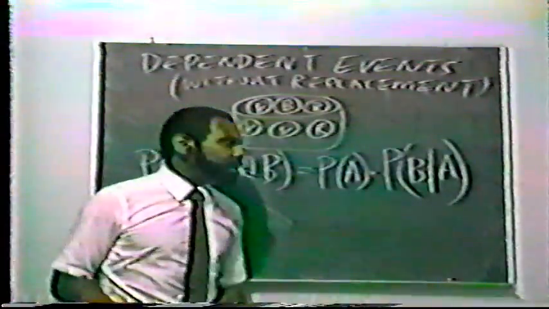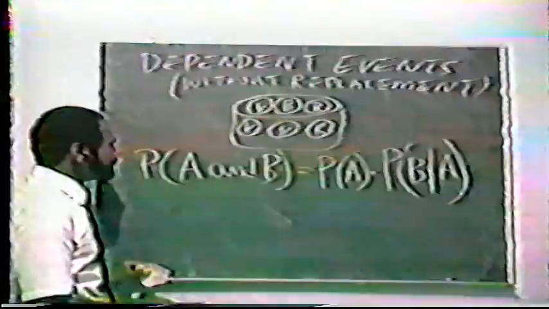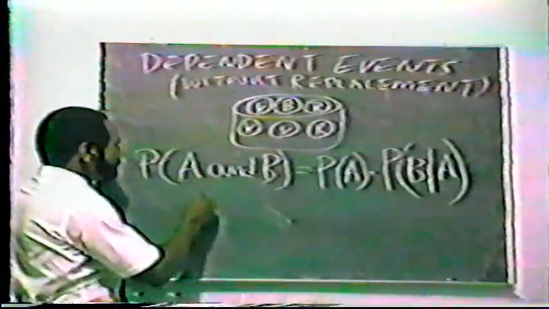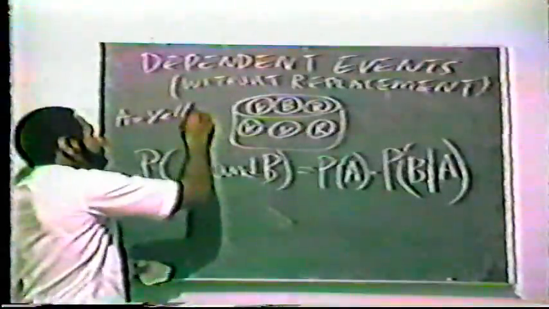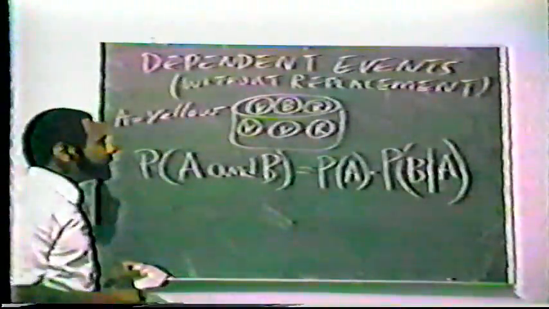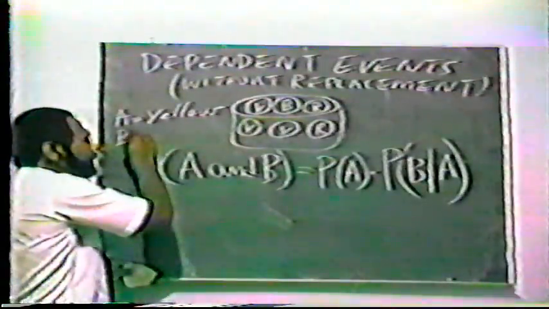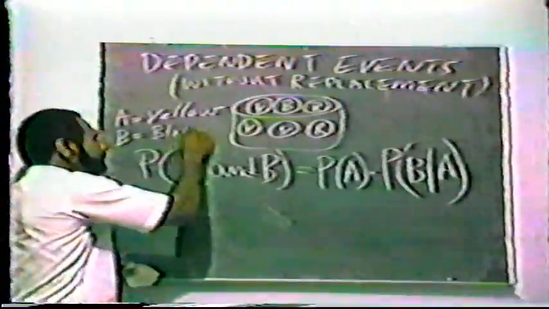Now, if we look at the example we have here, suppose we let A be getting a yellow ball. A is the event of getting a yellow ball. And suppose we let B be equal to the event of getting a blue ball.